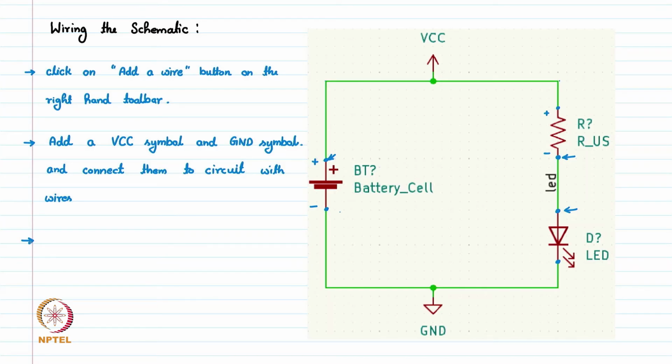Sometimes when we make these circuits, we are interested in particular terminal voltages or wire voltages. For example, this is a node in the circuit. This node is formed by the negative terminal of resistance and this terminal, let us say the positive terminal of LED.